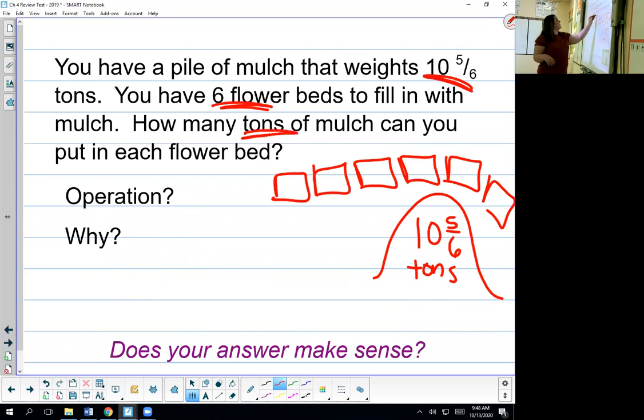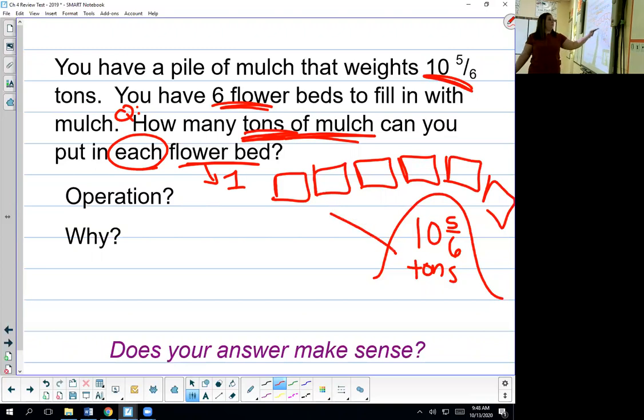How many tons of mulch can you put in each flower bed? And so then I want to know in one flower bed. This is part of the question. So I want to put the mulch into the flower beds. So I'm going to basically put the same amount in each, so I don't have anything left over.